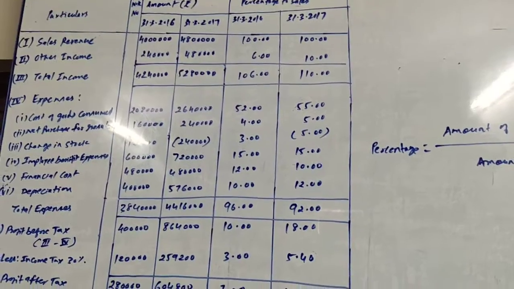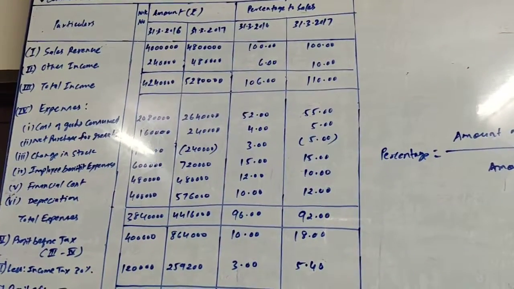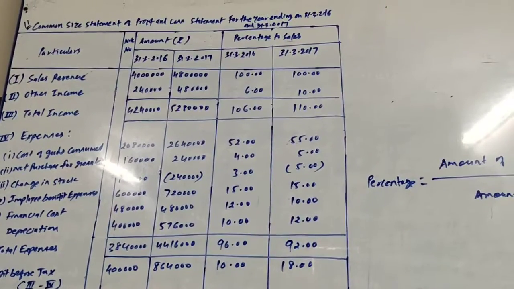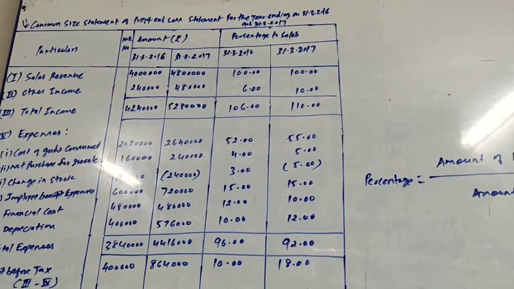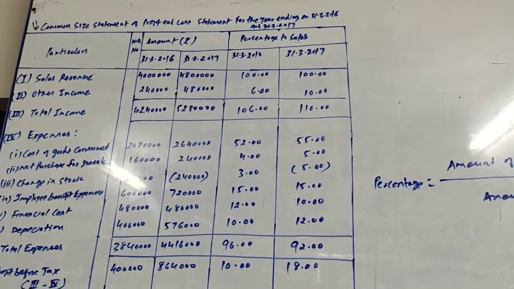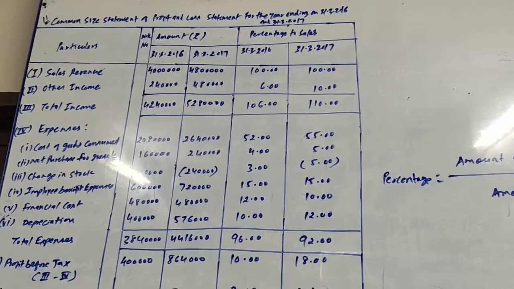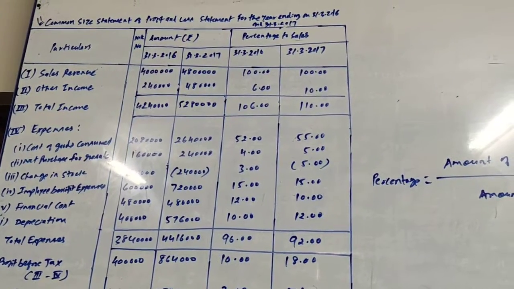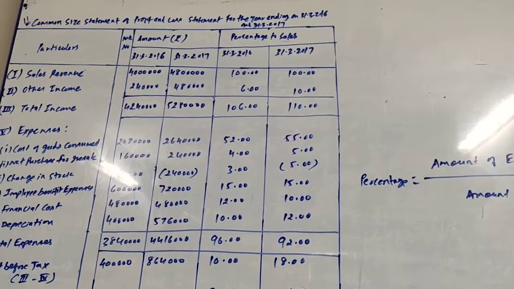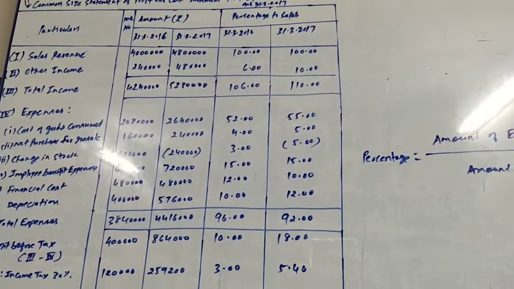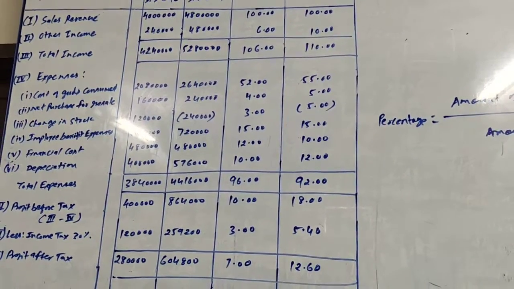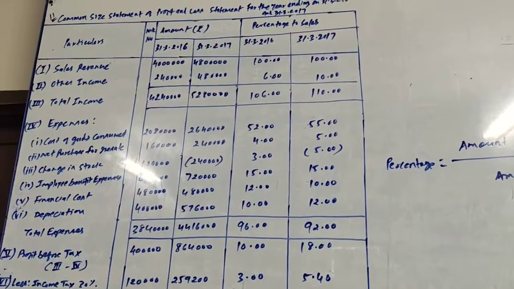Now if you want to do the analysis, it can be done like this: compared to 2016, the other income in the year 2017 has increased. In the year 2016, the other income was 6% of sales. In the year 2017, the other income is 10% of sales. If we talk about the total expenses, they have decreased.